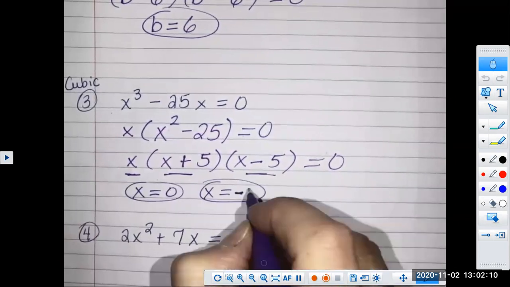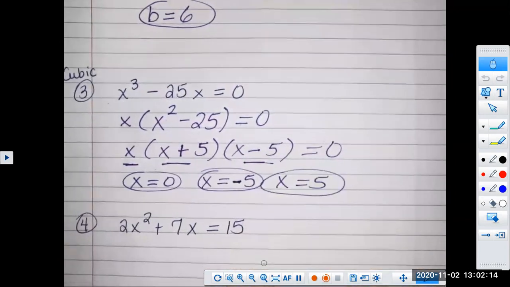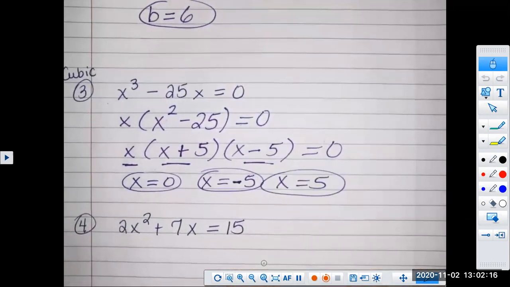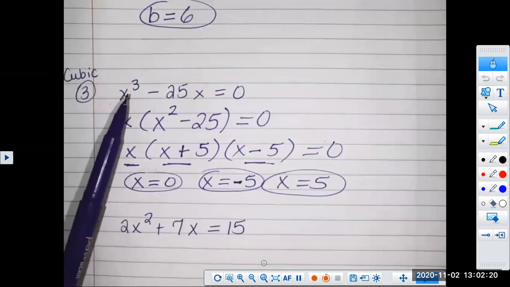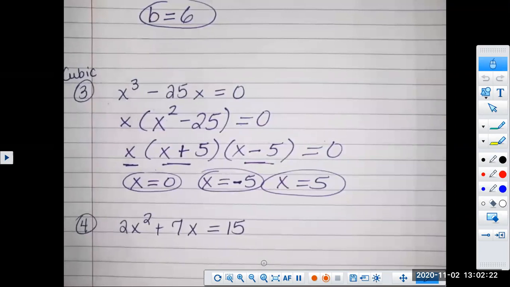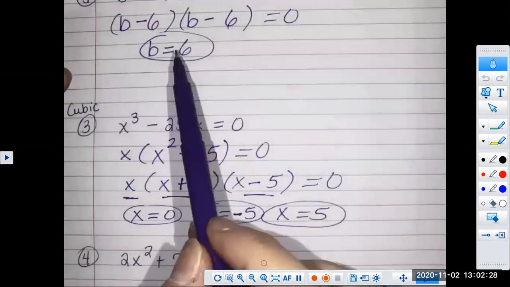Negative 5, and x equals 5 from the end. Notice that you had 3 answers, and what was your highest exponent? 3. So usually that's the case, unless sometimes it happens to be the same answer in both cases.